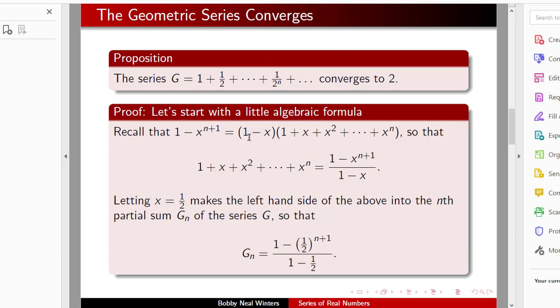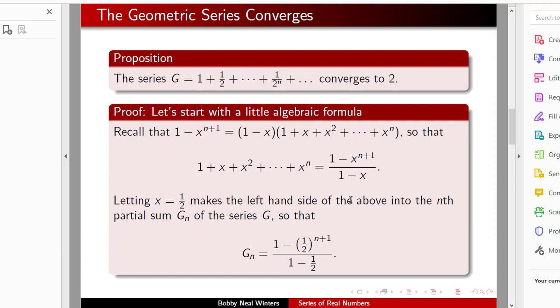And so given that, we can solve for the sum 1 plus x plus x squared up to x to the n, which is equal to the ratio of 1 minus x to the n plus 1 divided by 1 minus x.